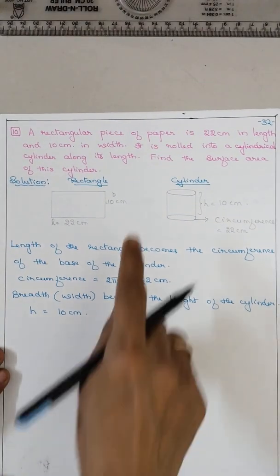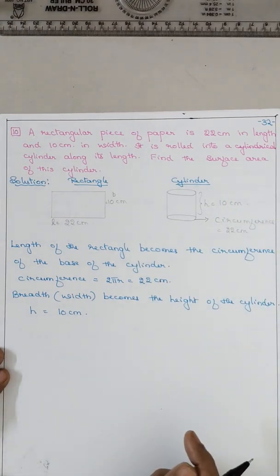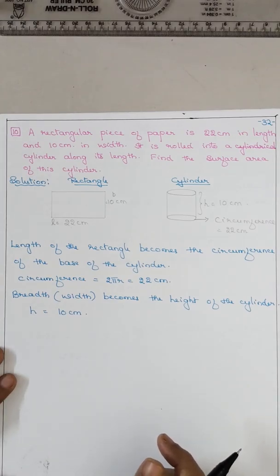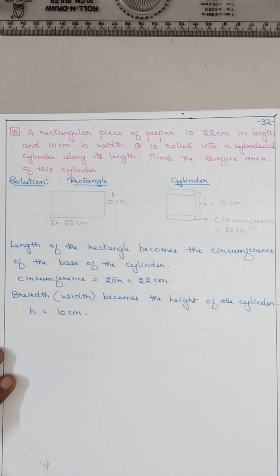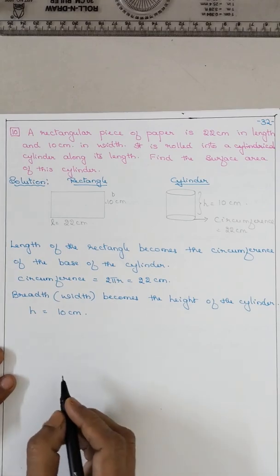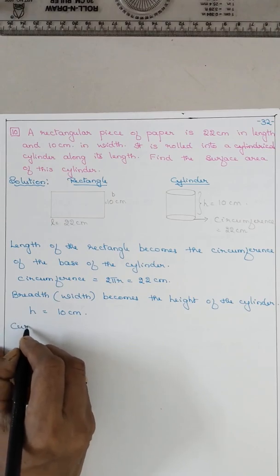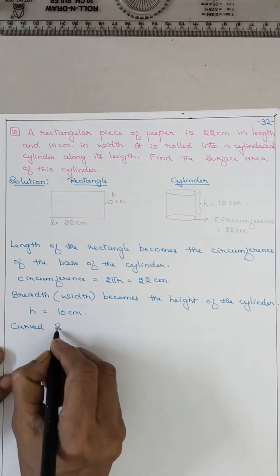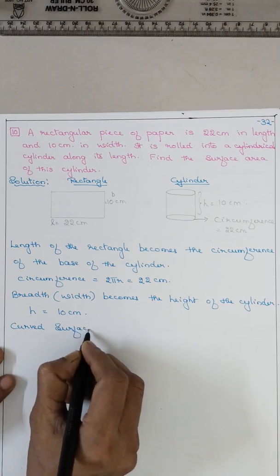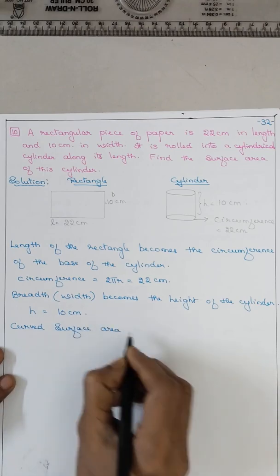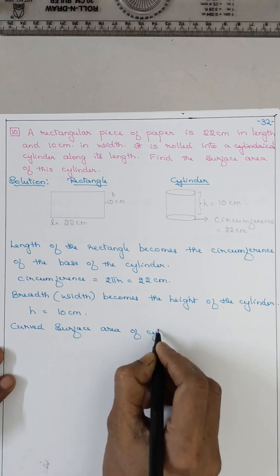Now you find out the surface area of this cylinder. Usually in such questions it is the CSA, but they have not mentioned. Usually when circumference is given and you are asked to find the surface area, it means find the CSA, curved surface area of a cylinder.